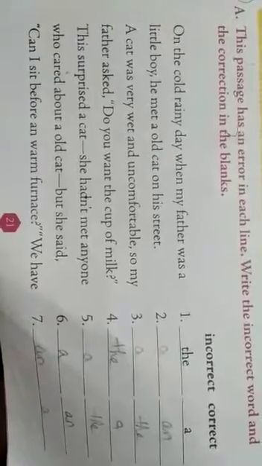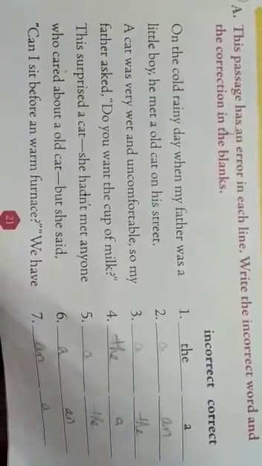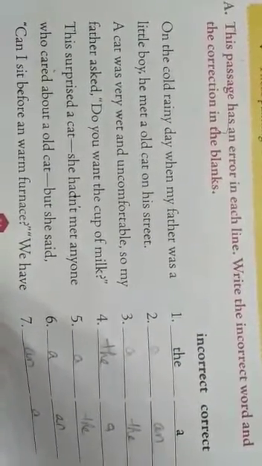Second line: little boy, he met a old cat on his street. A old cat is wrong. Why? Because old begins with a vowel. Words beginning with a vowel, like A, E, I, O, U, if singular, you should put an in front of them. An old cat. An is correct, a is incorrect.